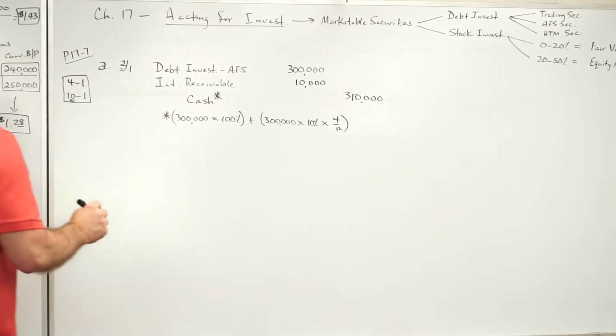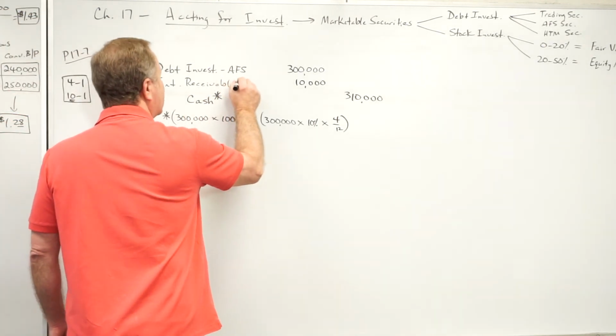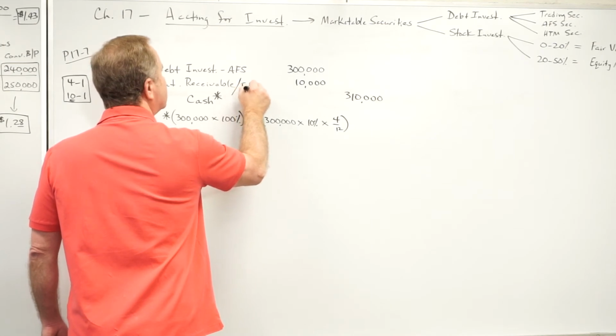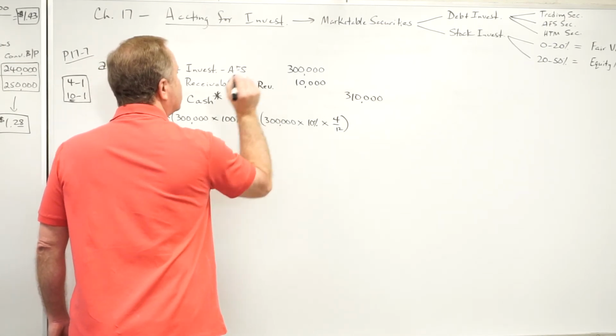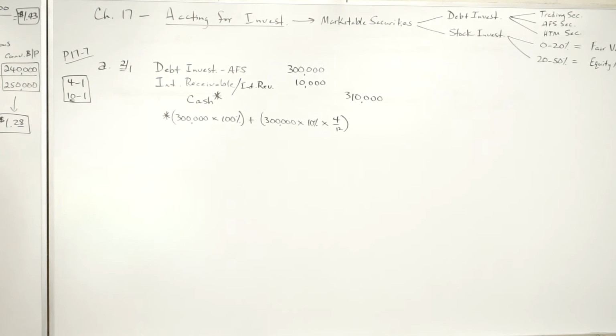So what I'm going to do is debit interest receivable, or tell you you could debit interest revenue. But whichever you do, that will make the next journal entry different. If you did it one way, it'll look one way. If you do it another way, it's going to look different. You with me?